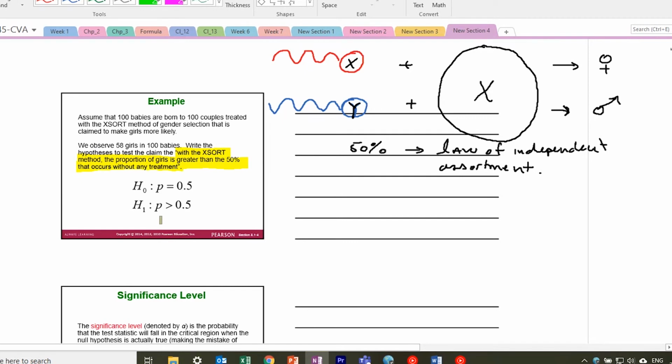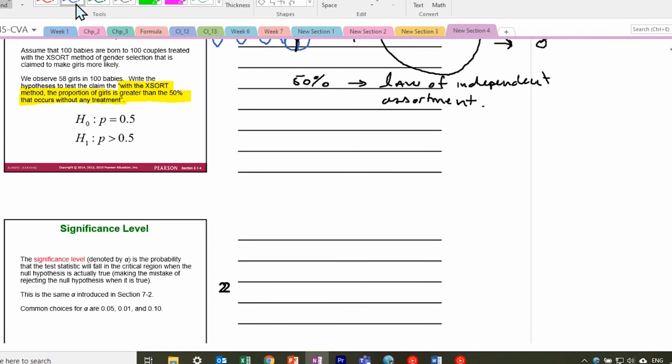That's the claim that they make, right? They say it's greater than. So that's already the alternative hypothesis. Anytime you see greater than, this is how you know it's going to be your alternative. And so that's what they have here, right?